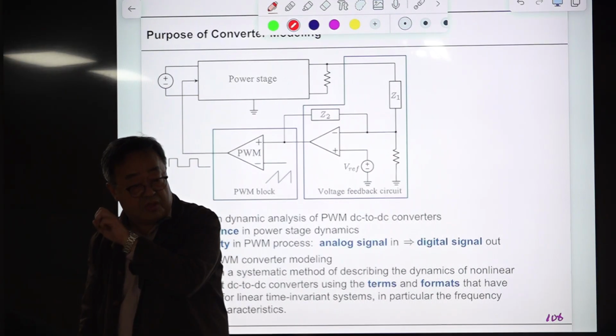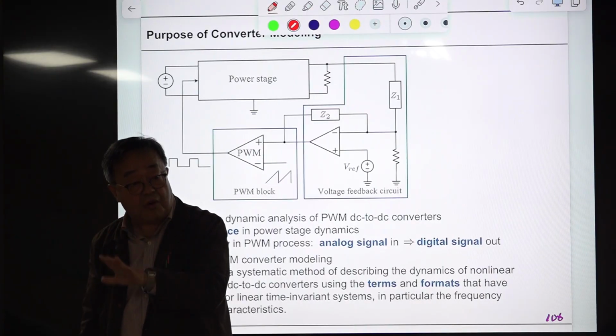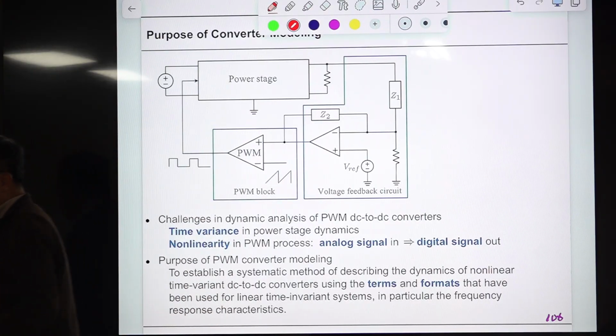You want to do similar things for the PWM converter, but there is a big assumption there. The steady state operating point is not changing, or changing very narrowly. If it changes widely, it's impossible. But if it remains in the close neighborhood of that point, this is a very good approximation.